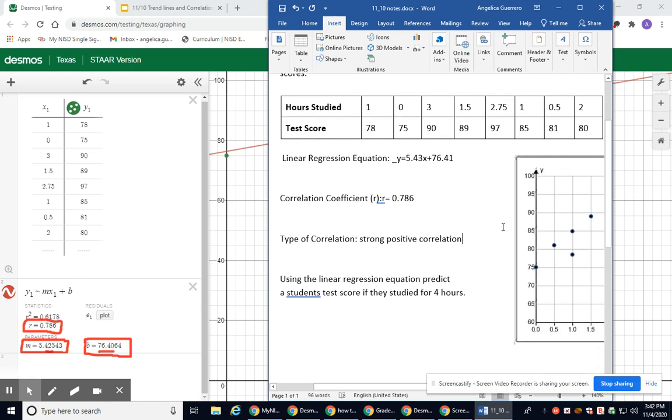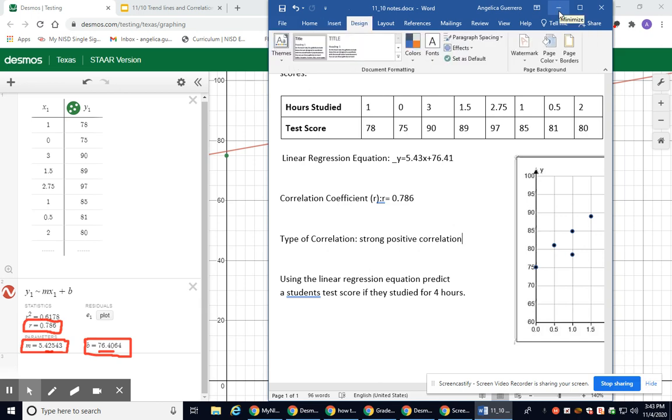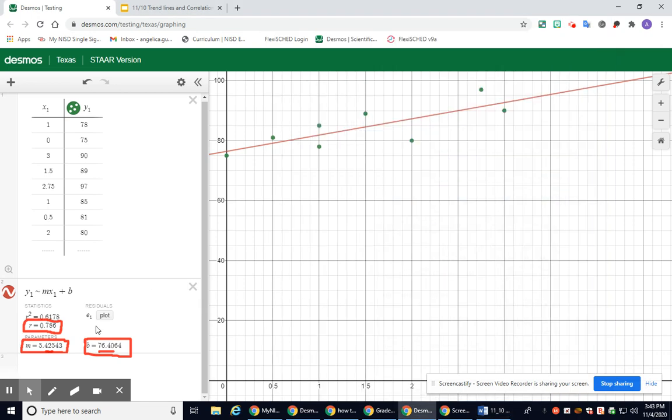Now we're going to use this information to predict a student's test score if they studied for 4 hours. So I'm going to minimize my notes and come over here to my information. Now that I know my slope and my y-intercept, I can plug in the value 4 for x and identify what that value is.